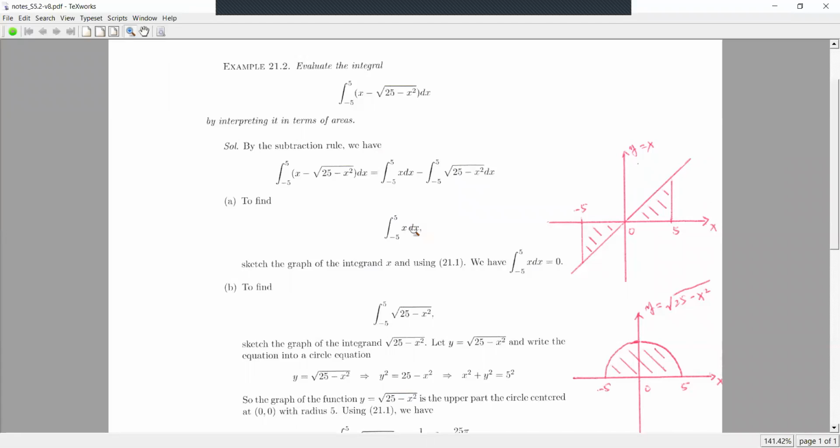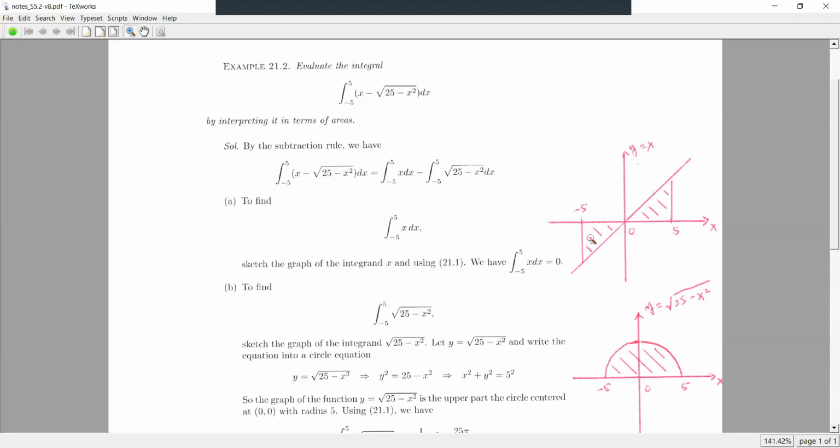The graph is the line going through the origin, and the slope is 1. This integral is the net area of the region bounded by the graph of x and the x-axis, between -5 and 5. It is the shaded region in this diagram.